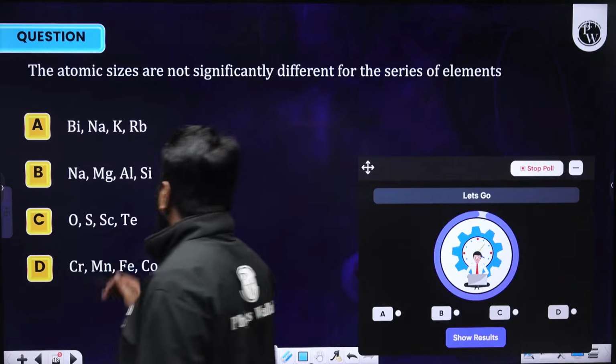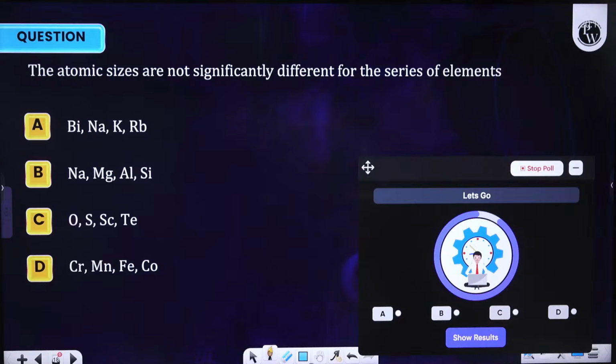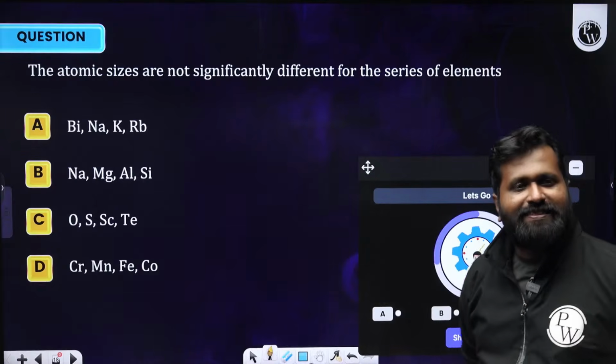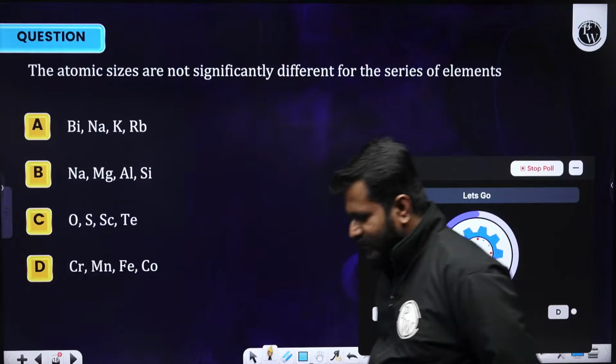Atomic size are not significantly different for the series of element. What will be the correct answer?